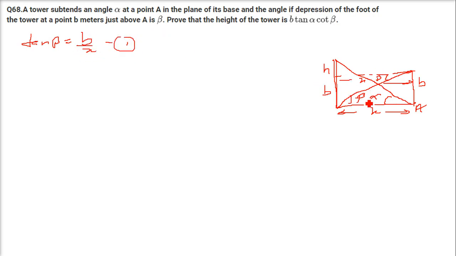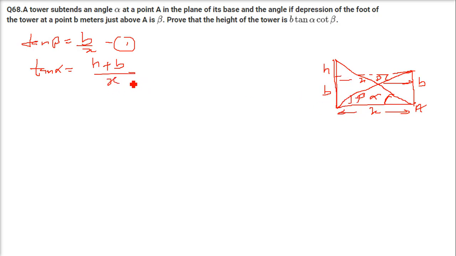I'll use this equation somewhere in the coming equations. So the second one, we're going to take this triangle with angle alpha. Now tan alpha is going to be H plus B, so I have to take both of these. H plus B is the height, please remember.